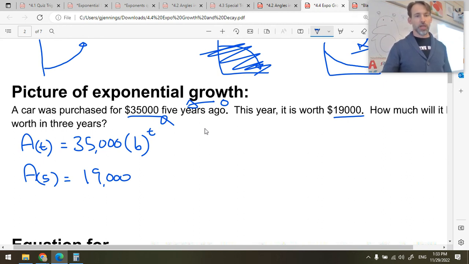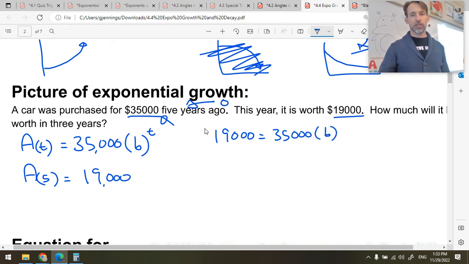So what we would do is have this equation here. 19,000 is equal to 35,000 multiplied by some unknown number raised to the power 5. All right? Now we divide the 35 away from both sides.